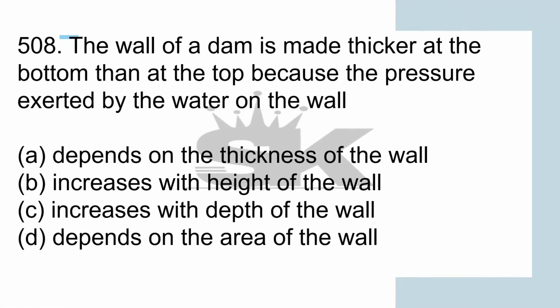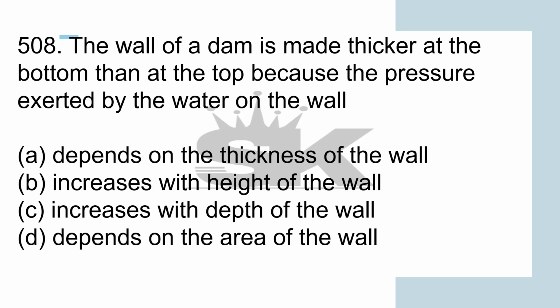The wall of a dam is thicker at the bottom than at the top because of the pressure exerted by the water on the wall. The force exerted is strongest close to the ground.